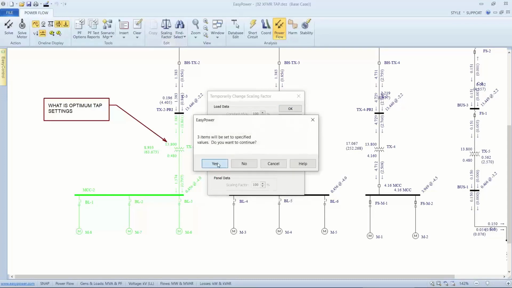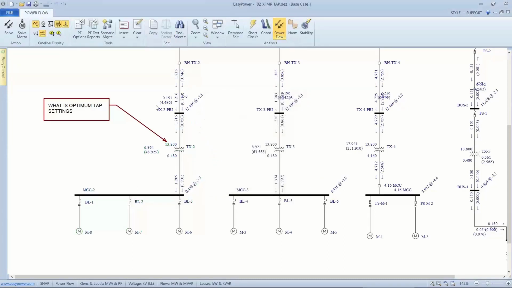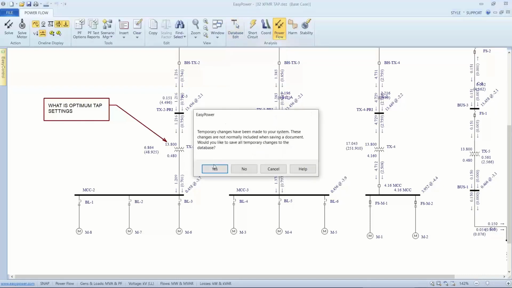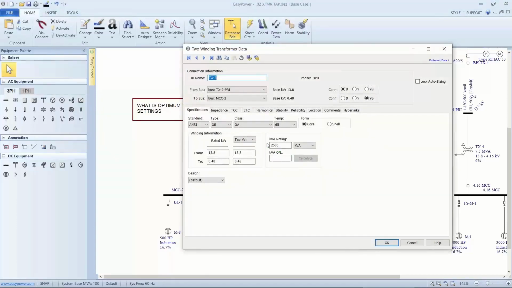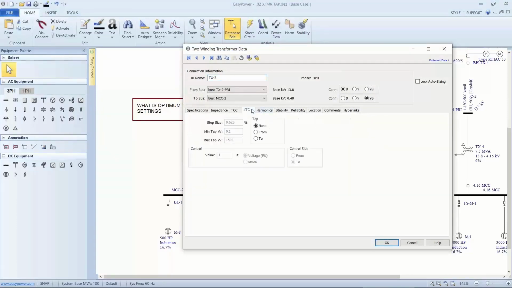That will change some of the design. And secondly, let's optimize the tap settings for the transformer. To do this, we're going to go back to our database edit and save the changes we've made short term. In the setup for the transformer, there's a tab called LTC, or Load Tap Changer. The transformer doesn't have an automatic one, but we're going to use its capabilities to optimize in PowerFlow the effects of a load tap changer.